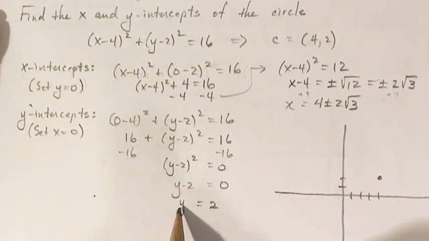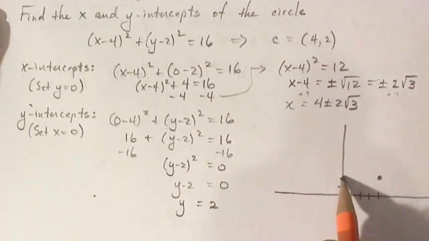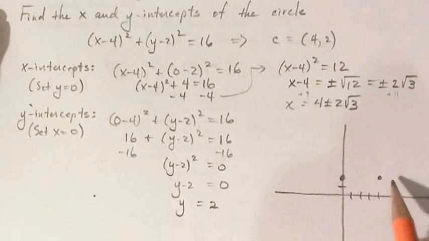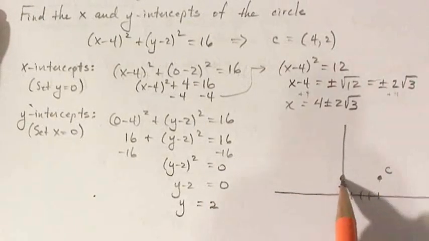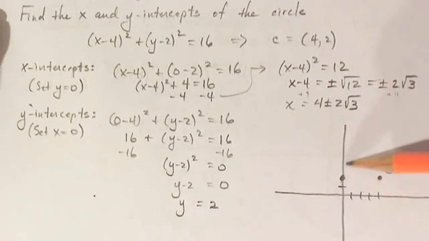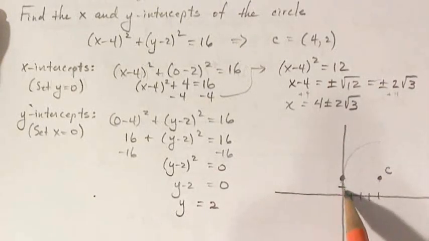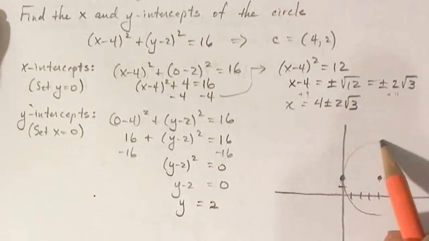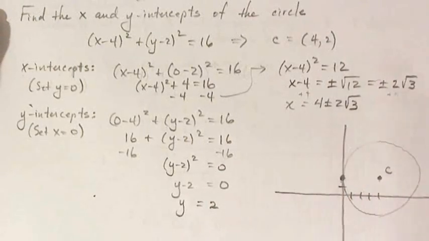The y-intercept is 2. Well, if this is the center and the y-intercept is at 2, that kind of makes sense. It's really saying it just touches, just barely touches there. It just touches in one point.